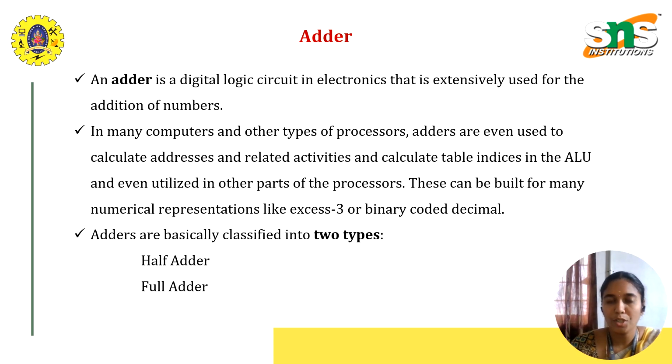Before going to the adder, let us know what is meant by a combinational circuit. A combinational circuit is one where the output at any time depends only on the input values at that time.